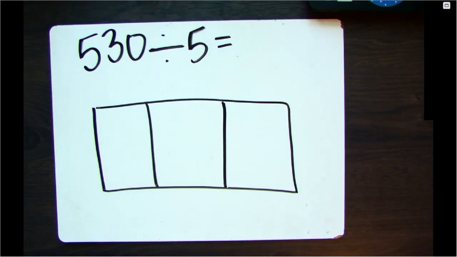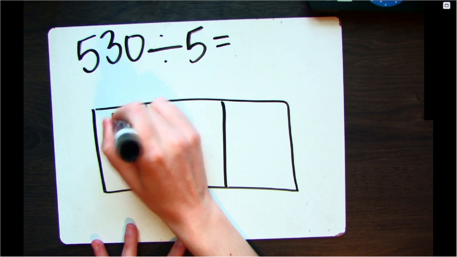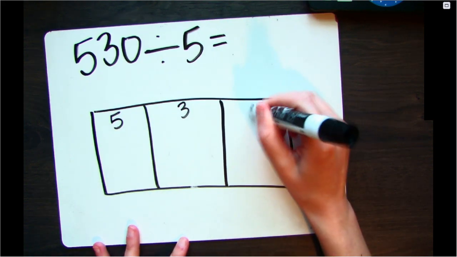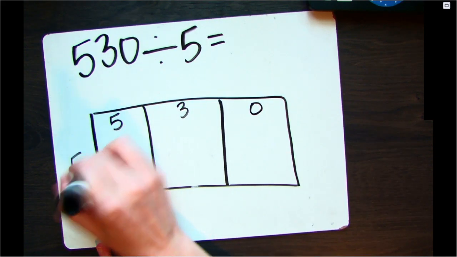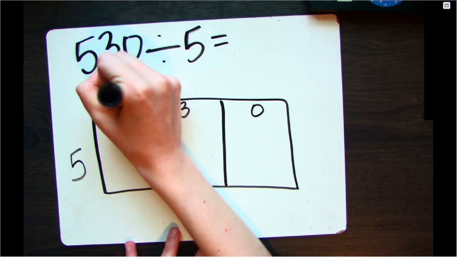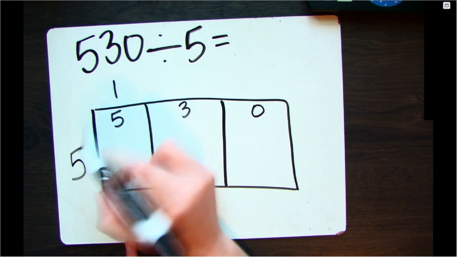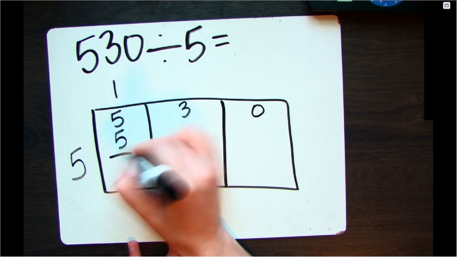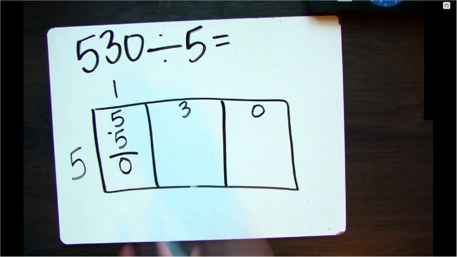So 530 divided by 5, I'm going to write 530 divided by 5. So now I'm going to ask myself, what times 5 equals 5? And I know that 5 times 1 equals 5. So 1 times 5 equals 5, and I can zero that out.